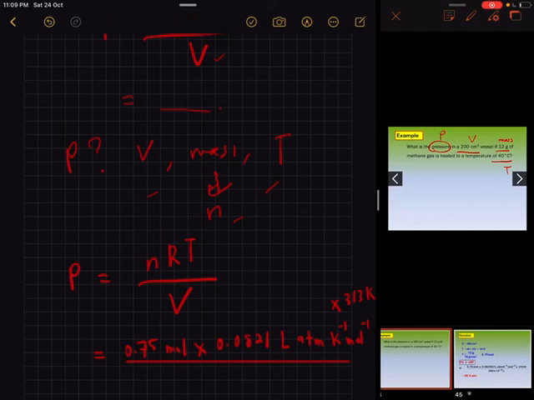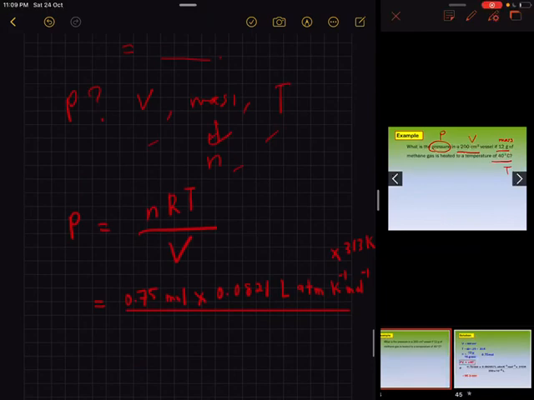And the volume is 200 centimeter cube. So 200 centimeter cube is also equivalent to 200 ml. So this volume we have to convert into liter. Why? Because we have liter unit in the gas constant. So it will become 0.2 liter.